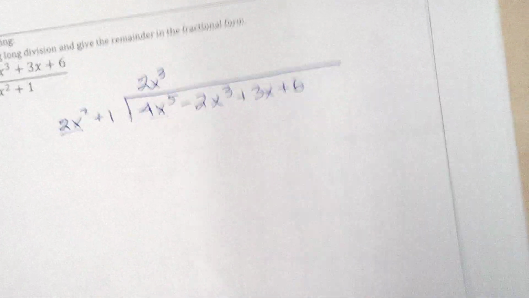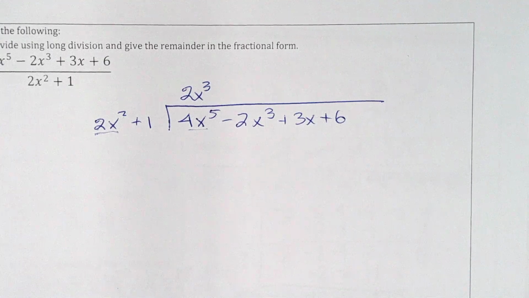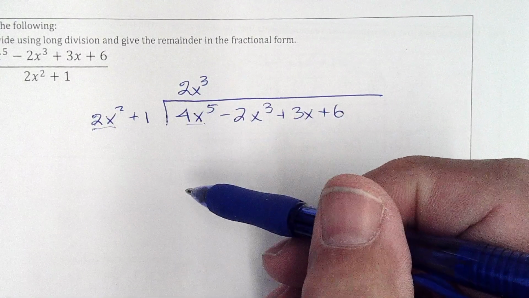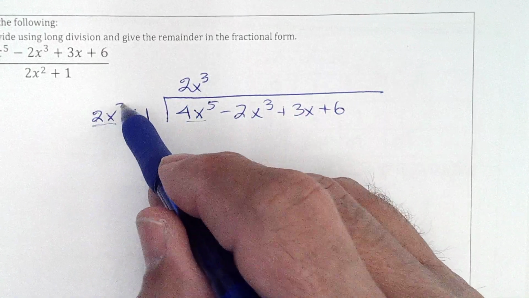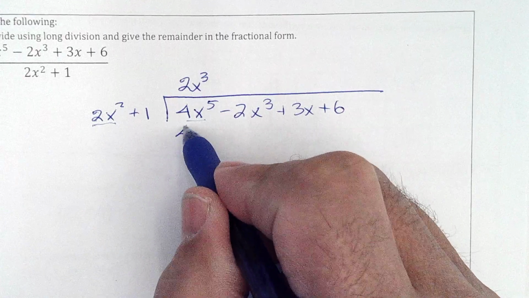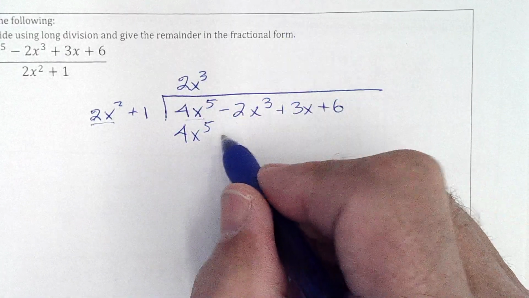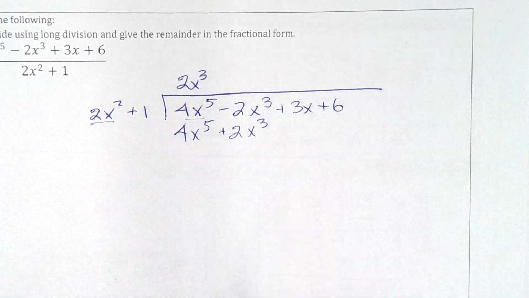Oops, sorry, bumped that. Hold still here, camera. There we go. Then I got to take this times both of these. So I take 2x to the 3rd times 2x to the 2nd makes 4x to the 5th. 2x to the 3rd times 1 is plus 2x to the 3rd.